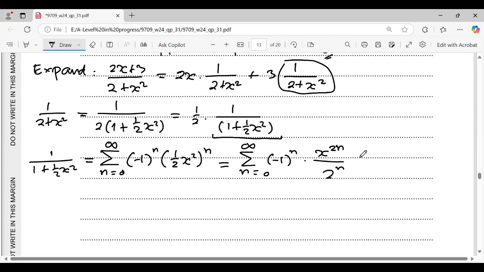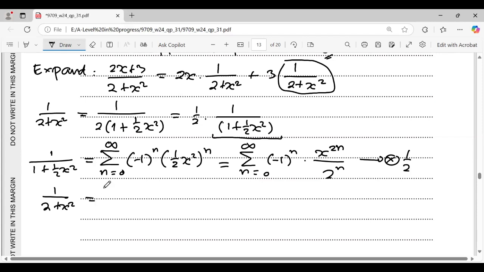And then after that, multiply by 1/2. If multiply by 1/2, this fraction becomes 1 over 2 plus x squared. Okay, because 1 times 2 equal 2, and 1/2 times 2 equal 1.